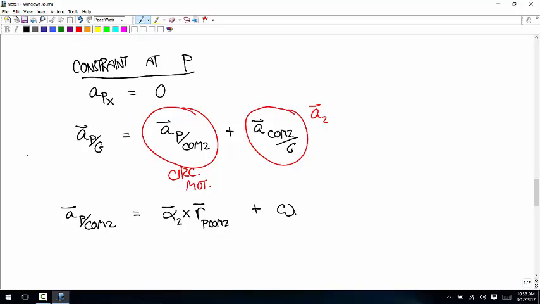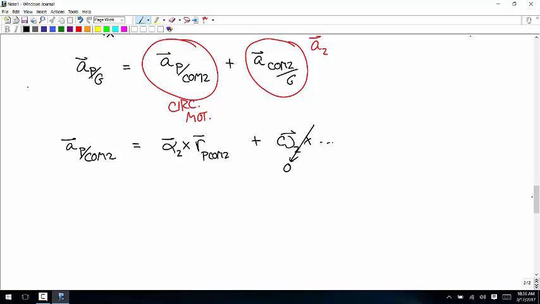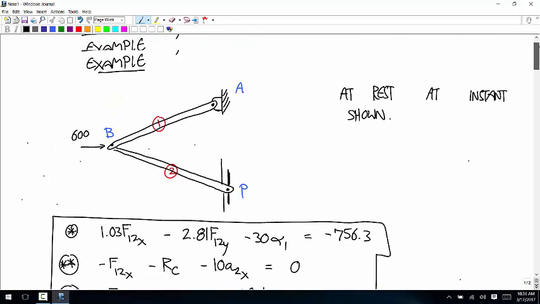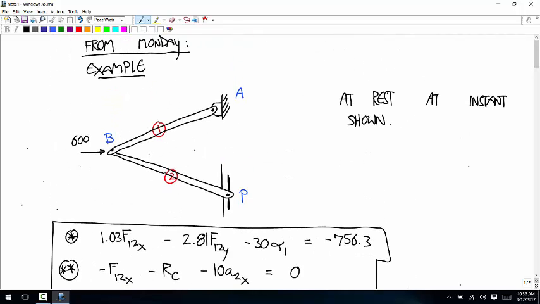And then omega 2 cross bunch of stuff, that's all 0 because it's at rest. Okay, so the acceleration of P relative to the center of mass of 2 is equal to 0, 0, alpha 2 crossed with the vector that goes from the center of mass of 2, because that's the center of our circular motion, 2P.